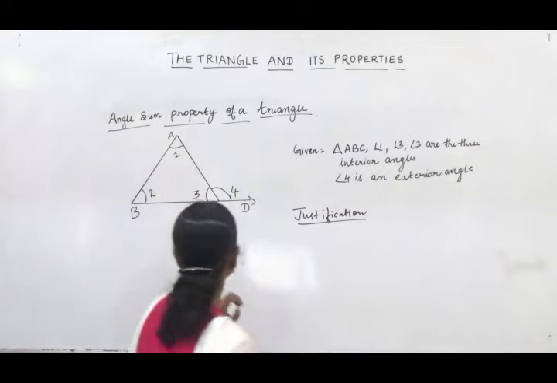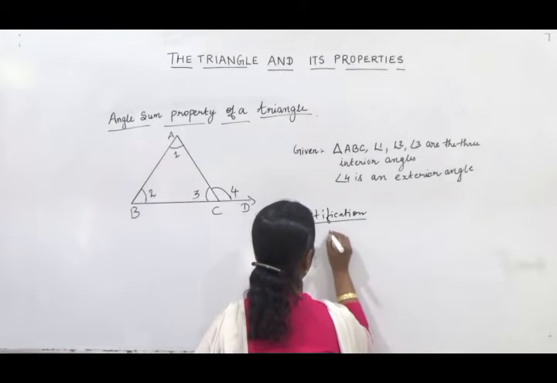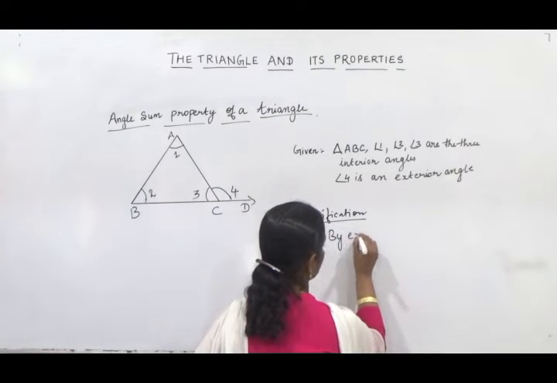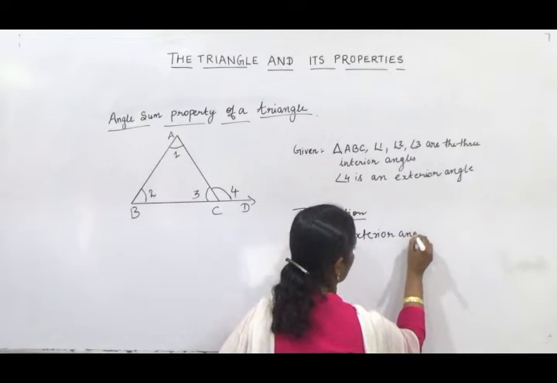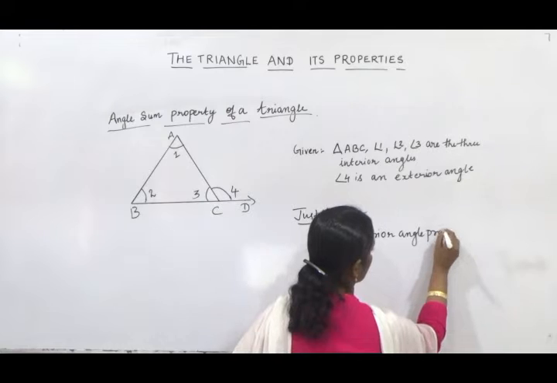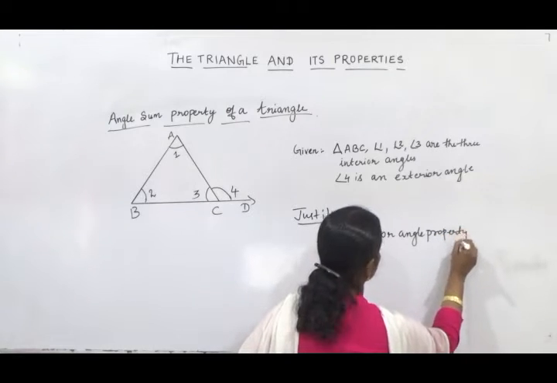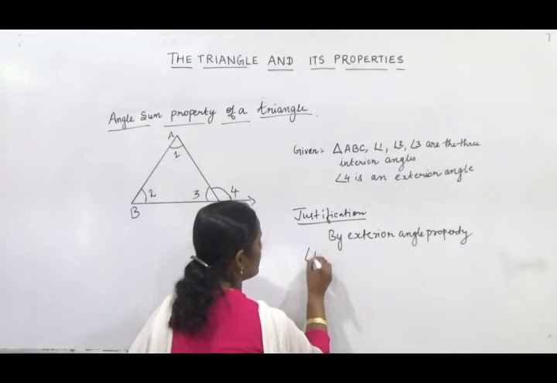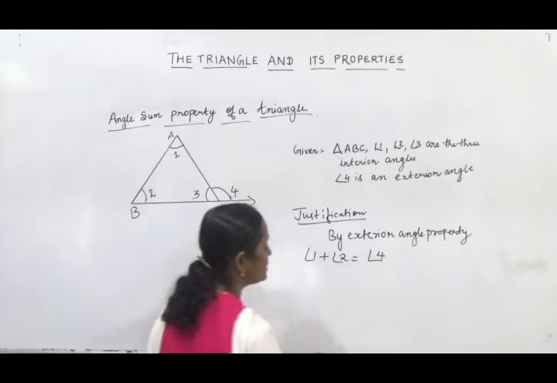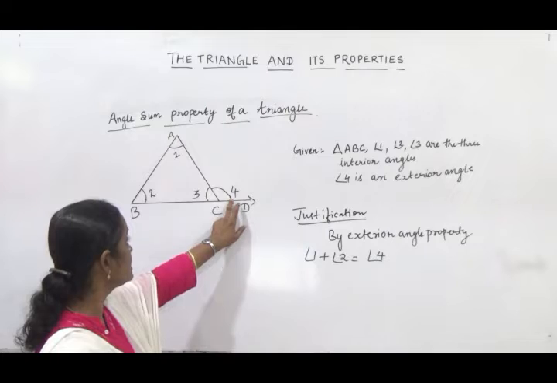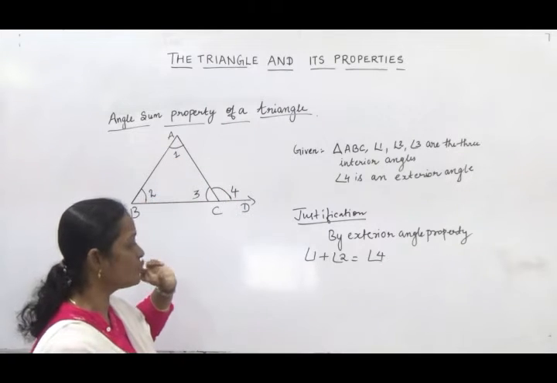Here by the exterior angle property, angle 1 plus angle 2 is equal to angle 4. Angle 4 is the exterior angle and angles 1 and 2 are the interior opposite angles.